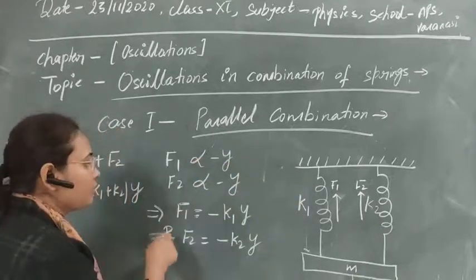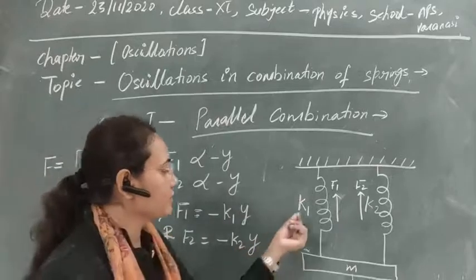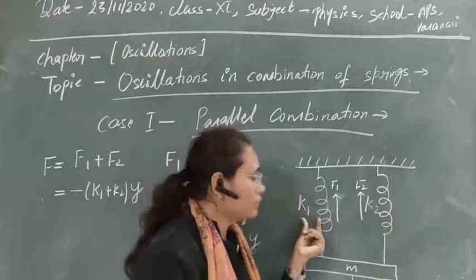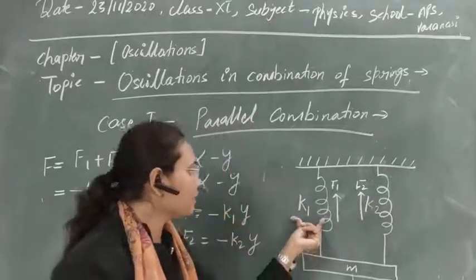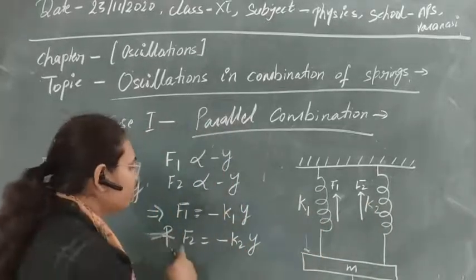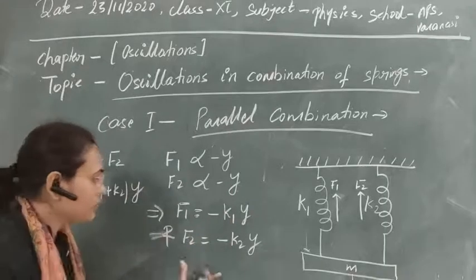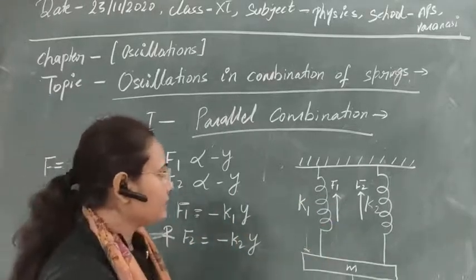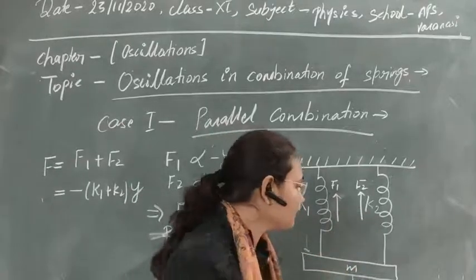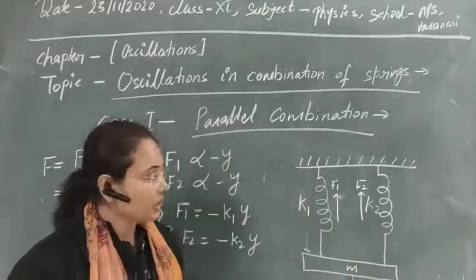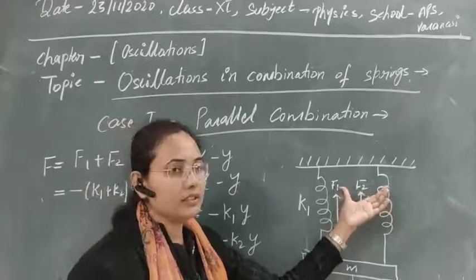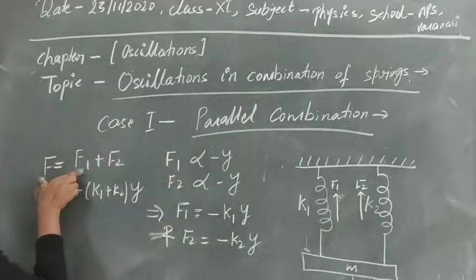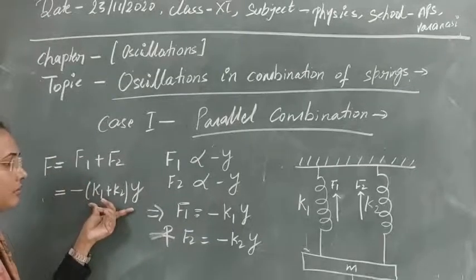Suppose this spring has force constant K2 and this one has spring constant K1. So F1 is equal to minus K1Y and F2 is equal to minus K2Y. Finally, as these two forces balance the weight in the equilibrium condition, the sum of these two forces will be equal to it. So we can write the total restoring force equal to this. Clear?